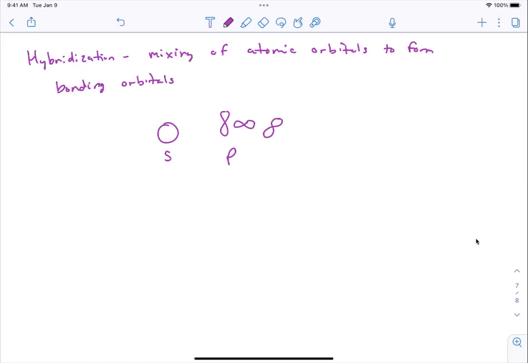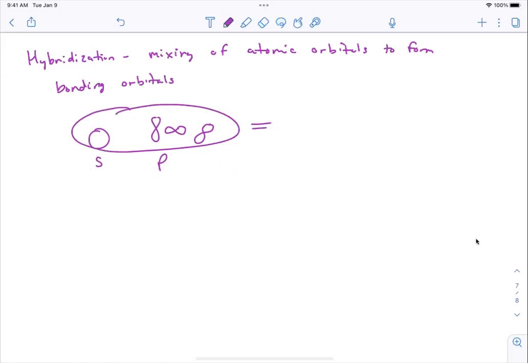The problem is because these shapes are different, when things try to bond together, things would be bonding in different lengths and different places that don't make much sense energy wise. So when an atom wants to bond with things, it takes these orbitals and changes them into equal hybrid orbitals.